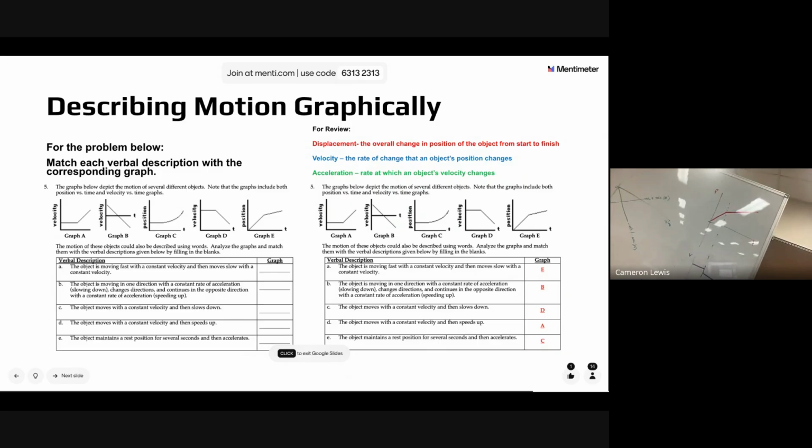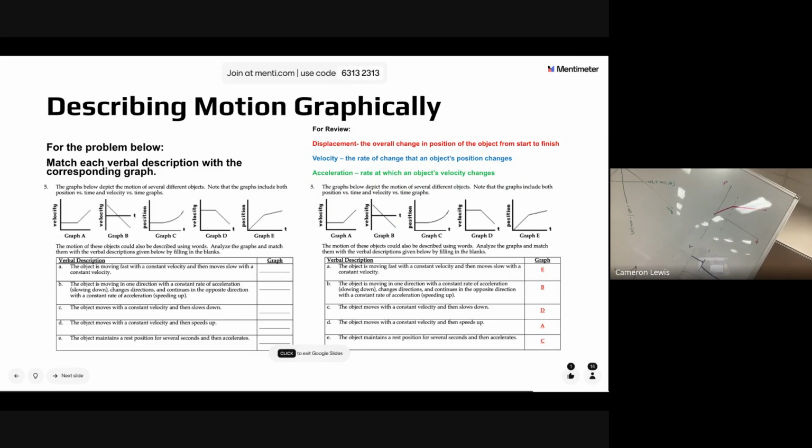Okay. So this is actually what's going on in problem A. The position graph looks like the first one in red above. But to understand the velocity, we take the slope to see how it changes. It's a sloped line, so the actual velocity is going to be constant, which means it's going to be a horizontal line.